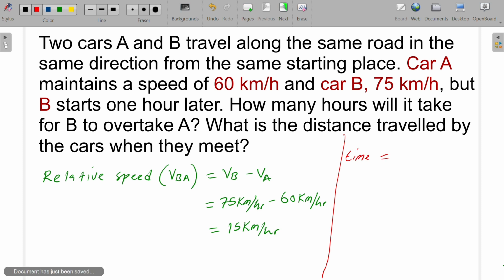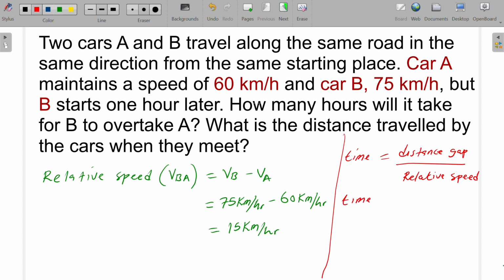The time that it will take to overtake is equal to the distance gap, or the distance between the vehicles, divided by relative speed, like that.